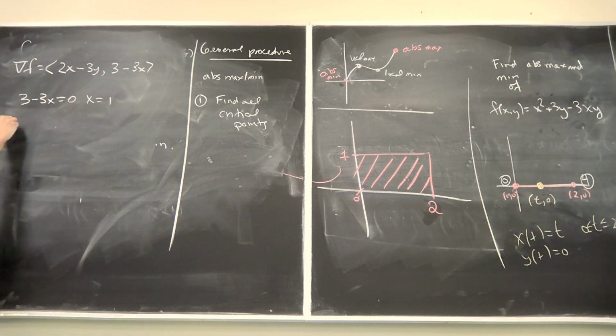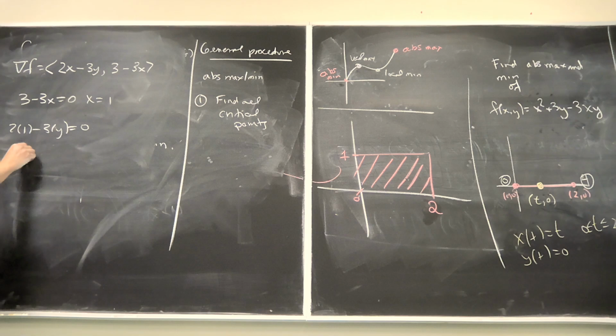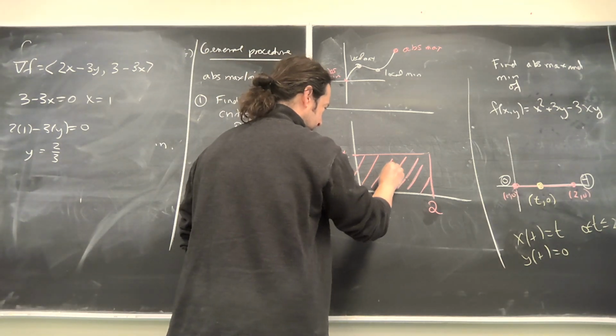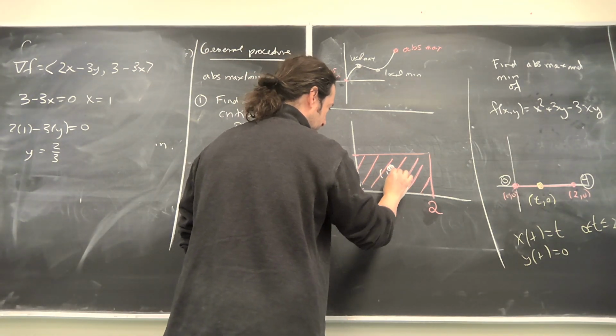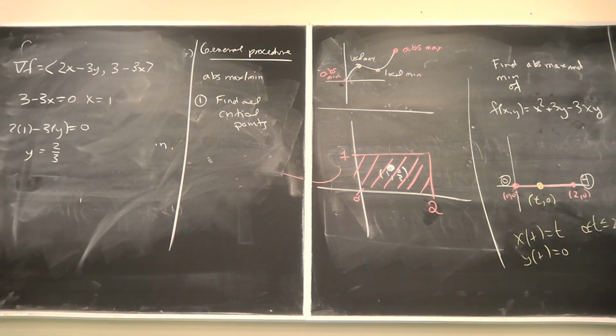And if x is 1, then 2 times 1 minus 3 times y is equal to 0, which implies that y is 2/3. So the critical point for the function sits right here at 1, 2/3. Then you have to evaluate the function at that point. You can classify the point, but if we're just trying to find the absolute max or min instead of local, I can just plug those numbers in and check the value of f.